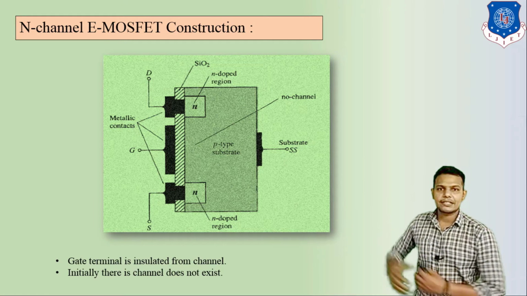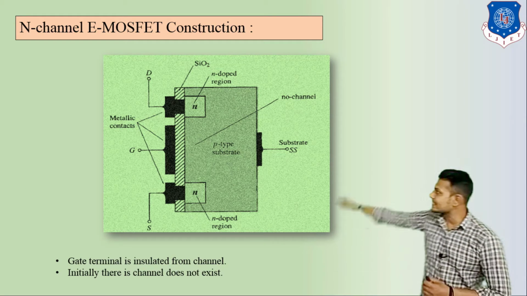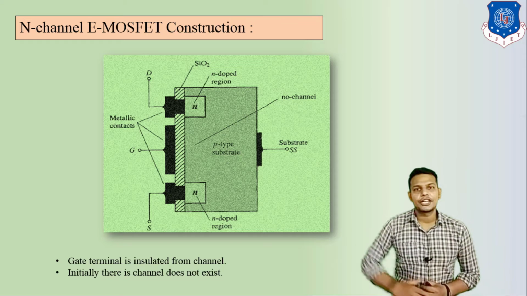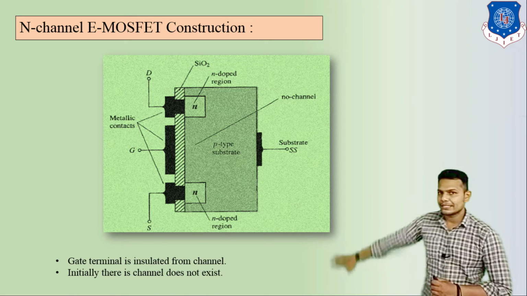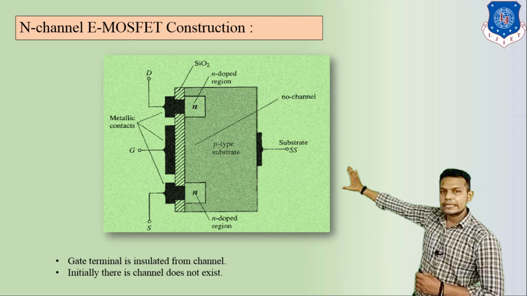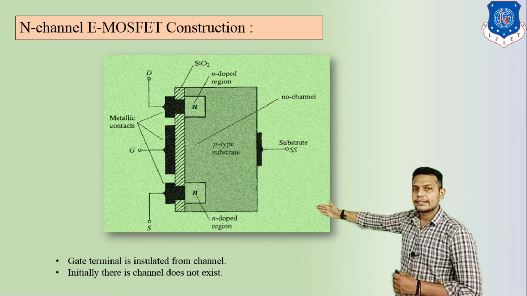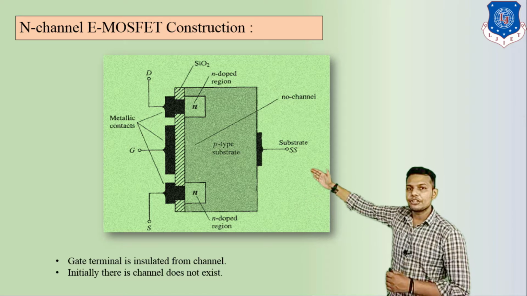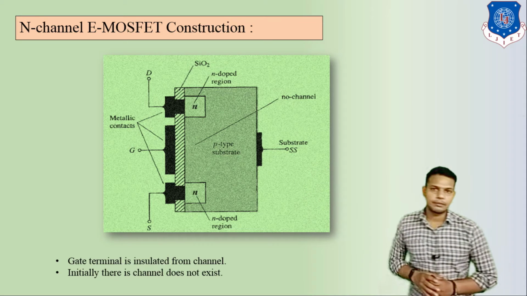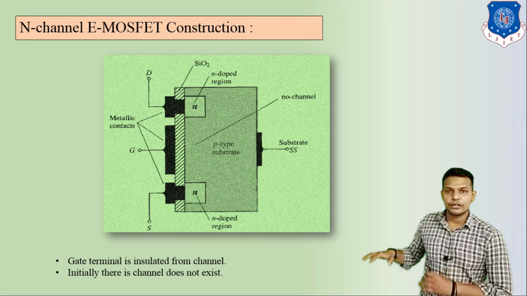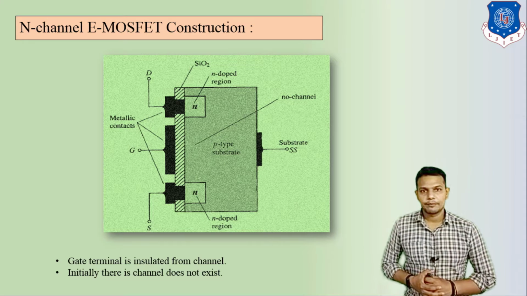Now let us discuss construction. Here we can see the construction of N channel E-MOSFET. This is the only difference between the E-MOSFET and D-MOSFET: there is no channel present between the drain terminal and source terminal. This is the main difference of E-MOSFET.